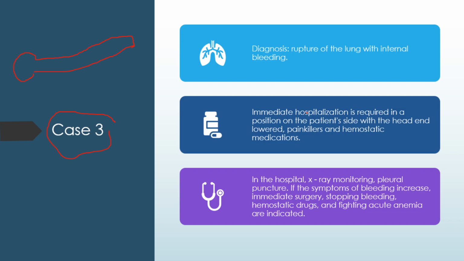Okay, immediate hospitalization, X-ray monitoring, pleural puncture. If the symptoms of bleeding increase, immediate surgery, stopping the bleeding, hemostatic drugs, and fighting acute anemia are indicated.